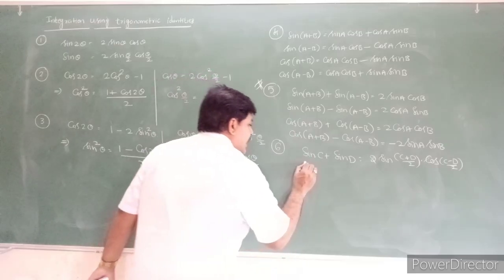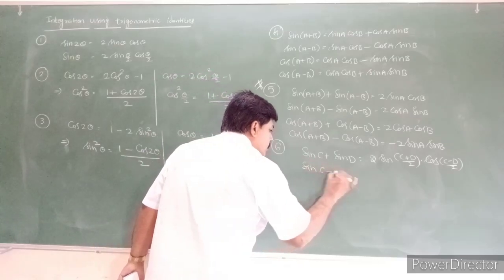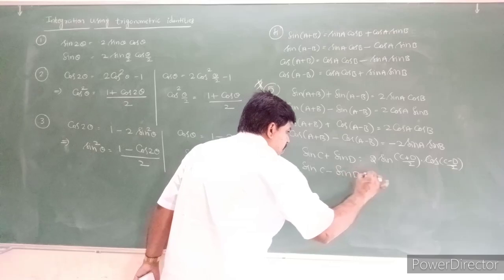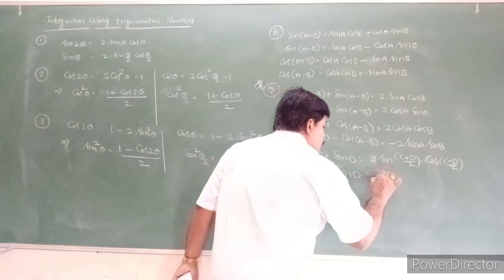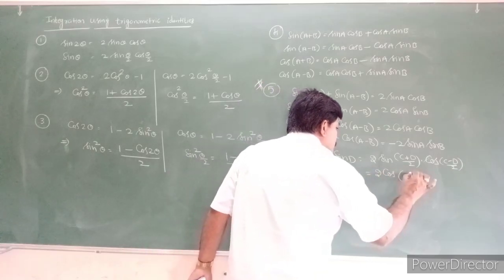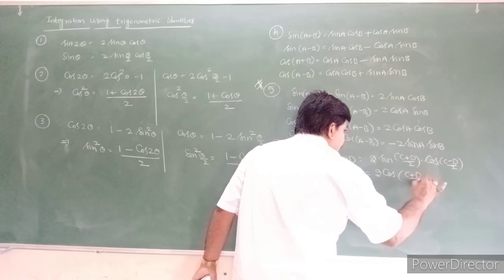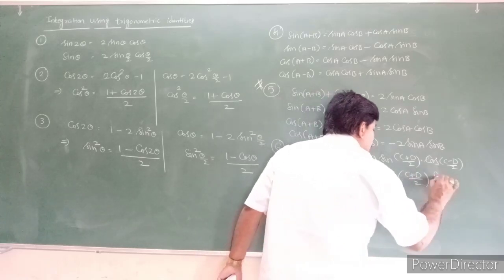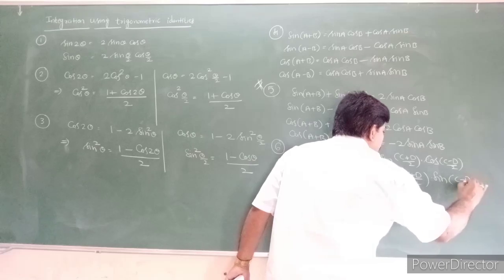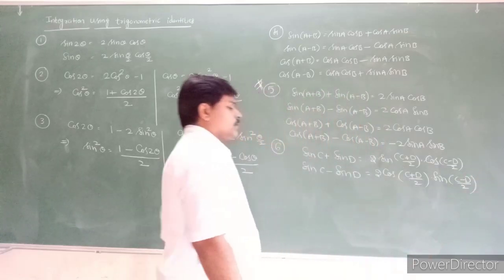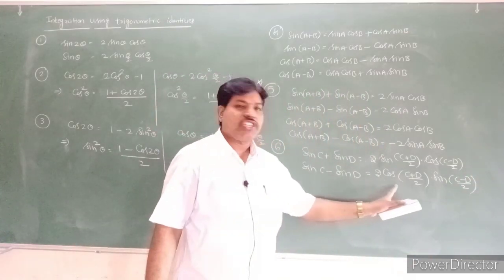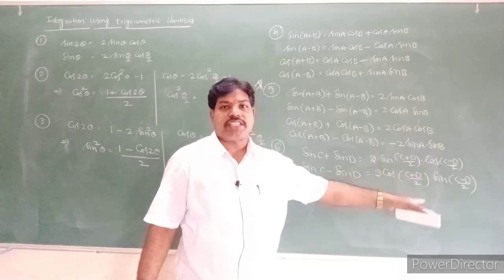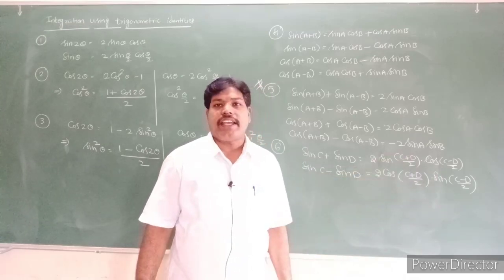And also sin c minus sin d is equal to 2 into cos of c plus d by 2 into sin of c minus d by 2.